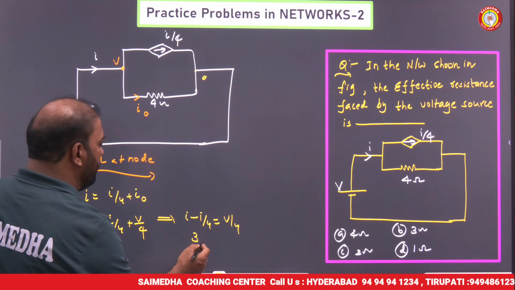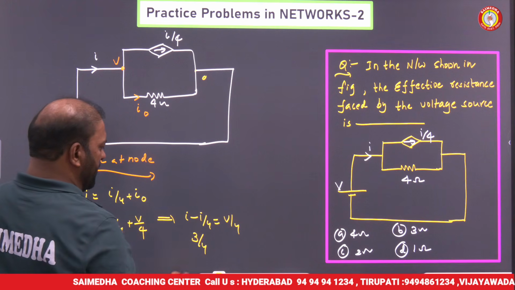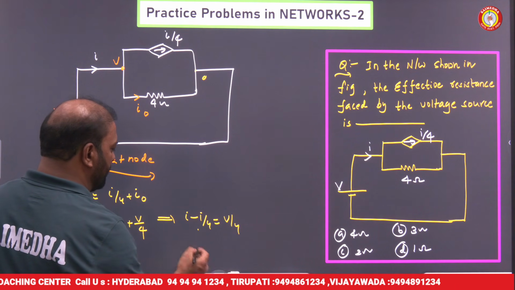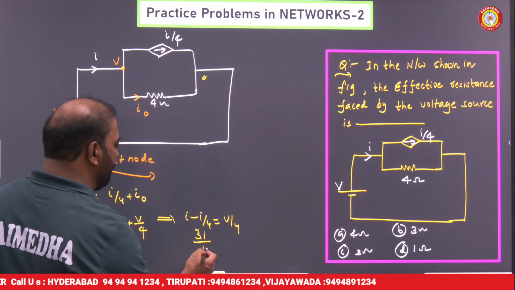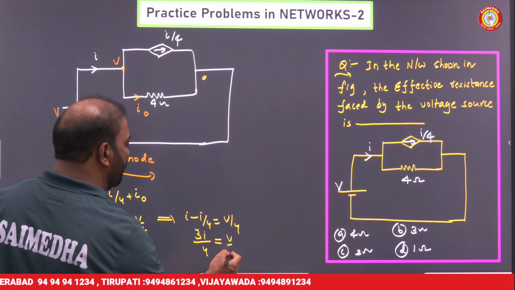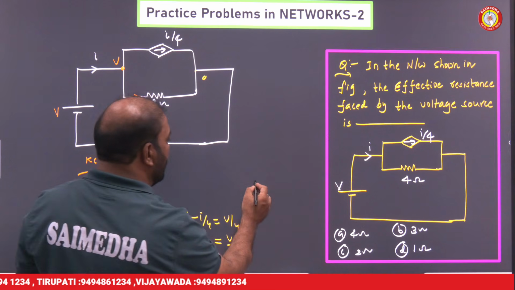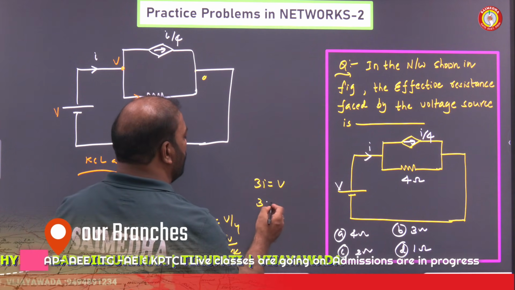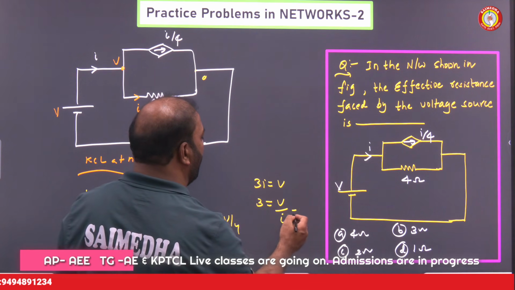It is 3I by 4, which means 3I by 4 is equal to V by 4. 4 gets cancelled. 3I is equal to V, so 3 is equal to V by I, which means R equivalent.